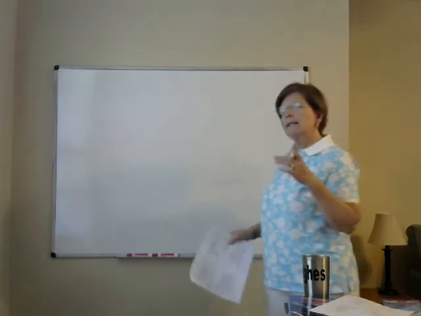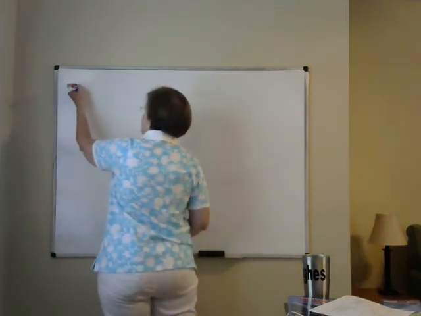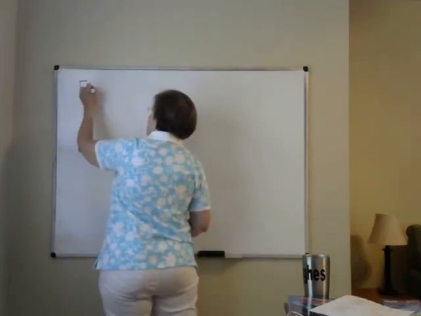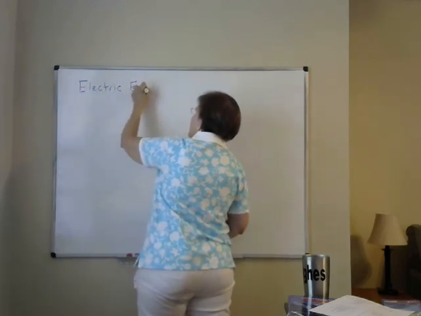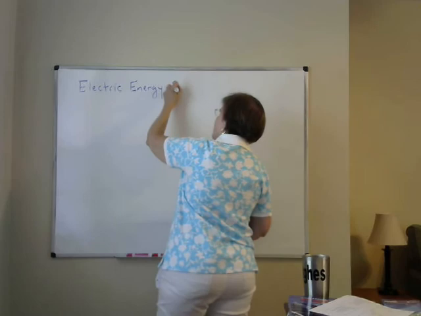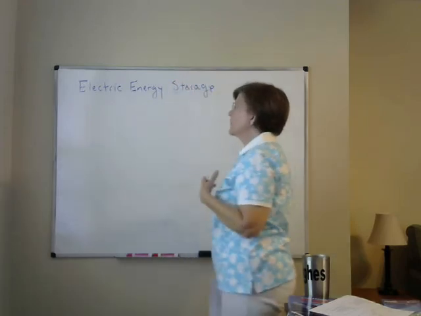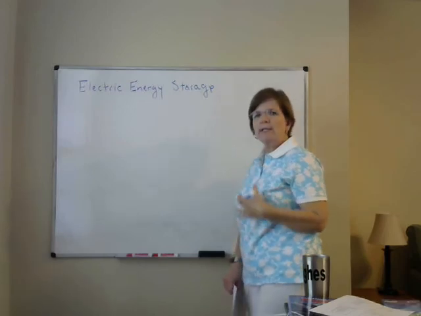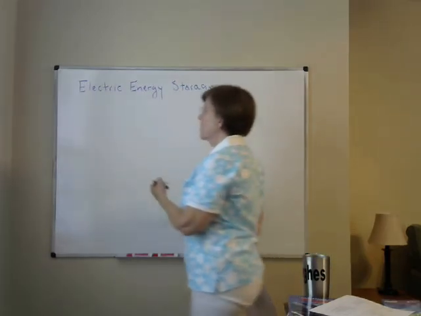The last section in this chapter deals with the idea of electric energy storage. The most common way that we can store electric energy to use later, we do it a lot, is with something called a capacitor.